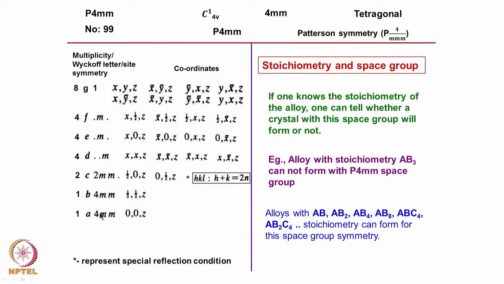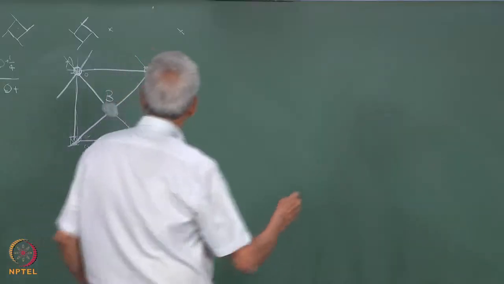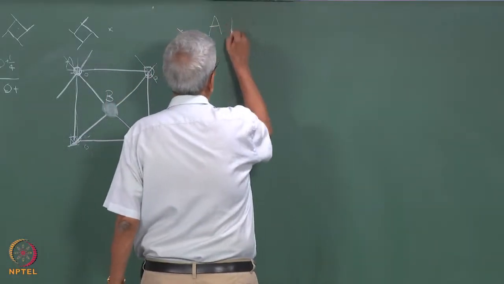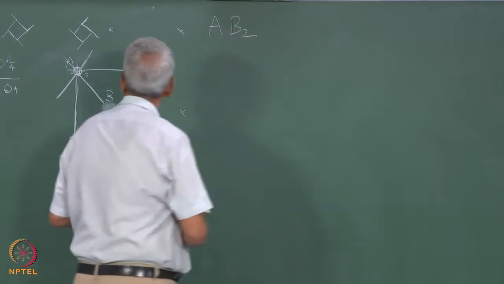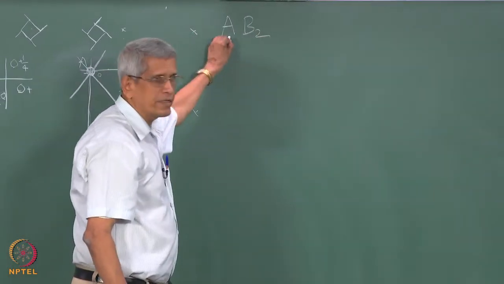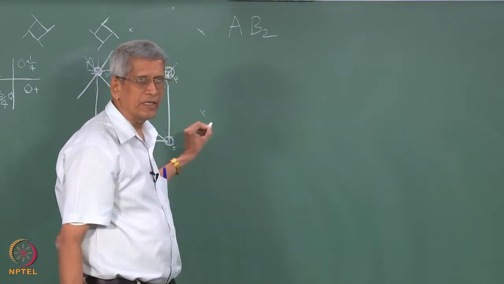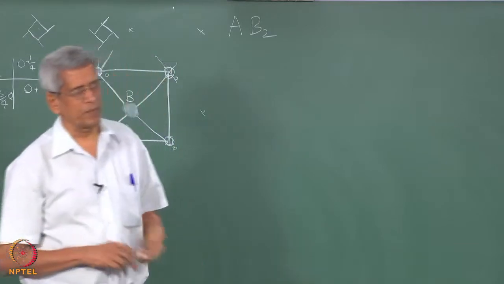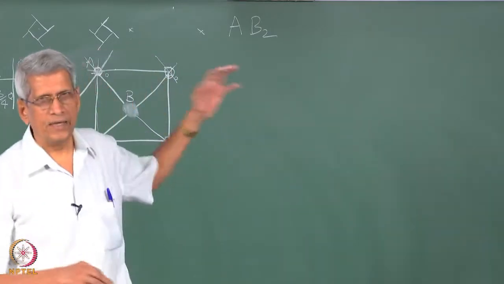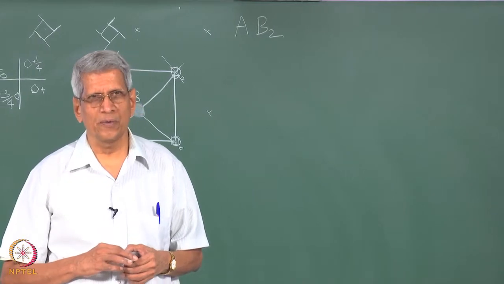By looking at it, I can make out. Suppose I see that for an alloy I wanted to have a symmetry with A, AB2. AB2 means that what's going to happen is that A atom, I fix it. This is the highest symmetry point, right? So that's what A atom has occupied and formed a lattice. Where can the B atoms go now?